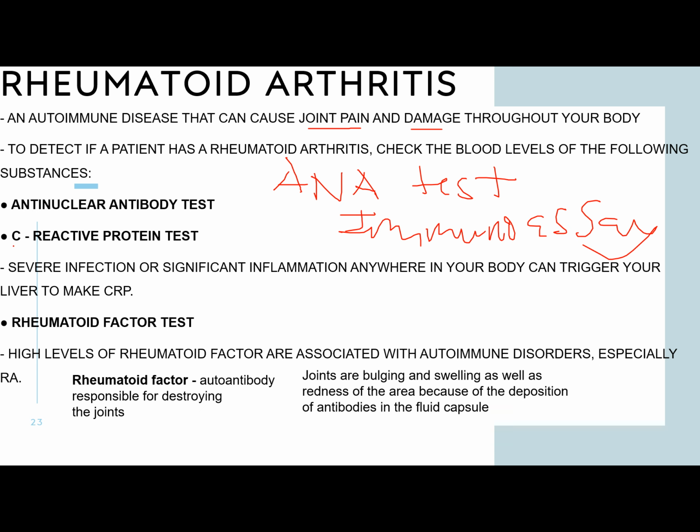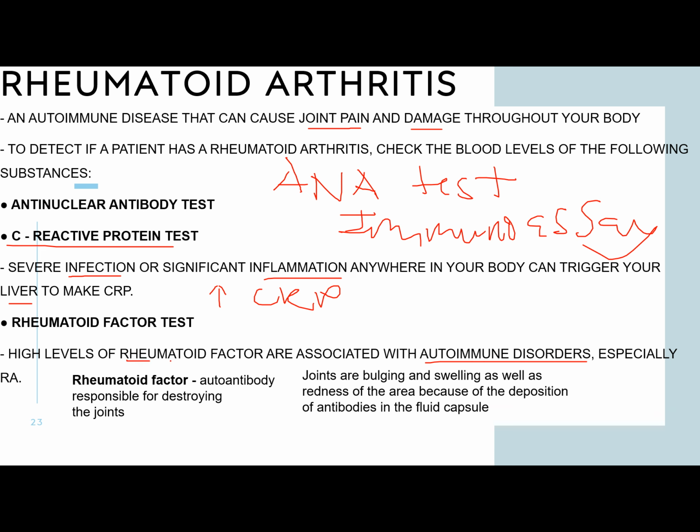Then another test is your CRP or your C-reactive protein. When your body is suffering from an infection or an inflammation, class, there would be an increased CRP, and this is produced by your liver. Then another test is the rheumatoid factor test. High levels of rheumatoid factor are associated with autoimmune disorders, especially RA.